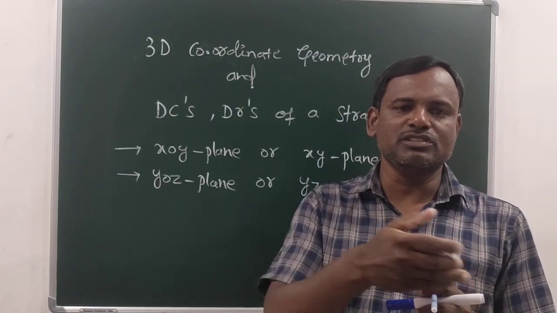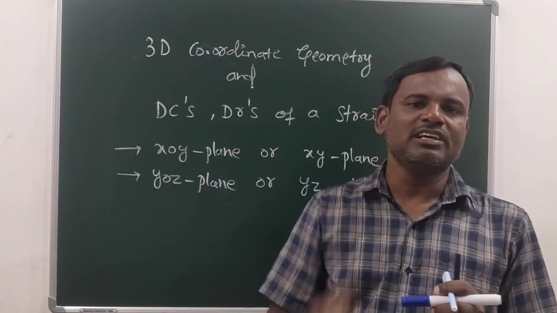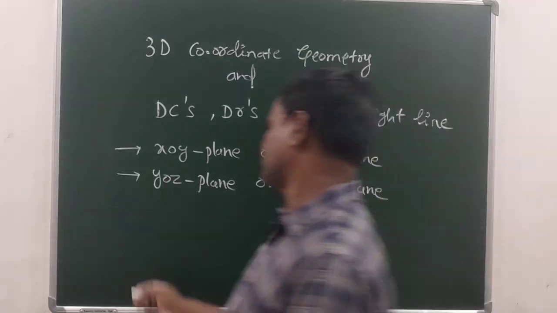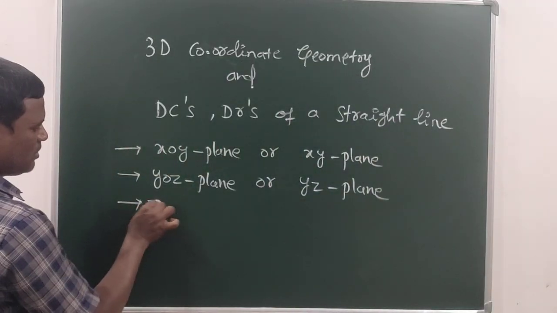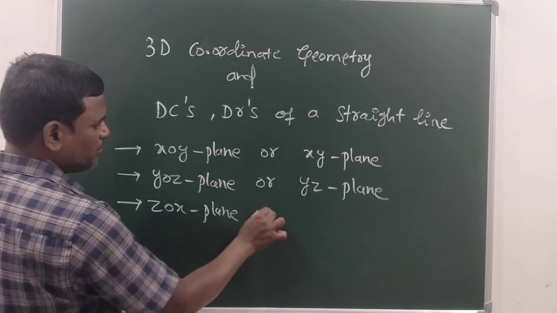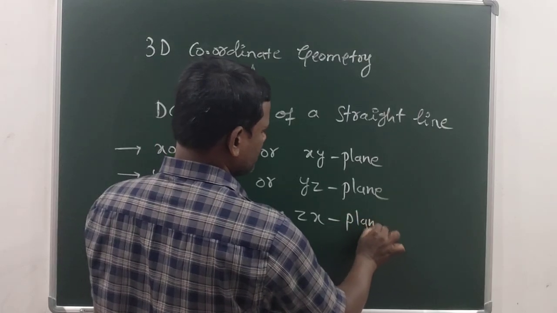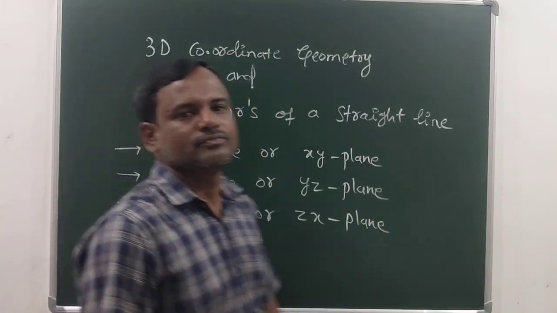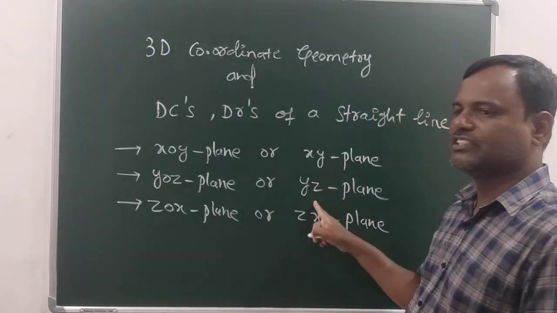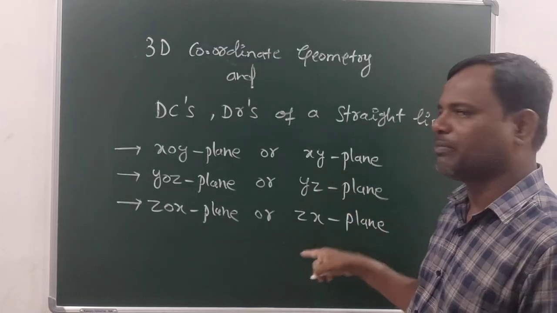The plane which passes through the x-axis and the z-axis is known as the ZOX plane or XOZ plane. ZOX plane, or simply you can say it as the ZX plane. I think you have got the meaning of the XY plane, YZ plane, ZX plane. Origin is part of all these three planes.